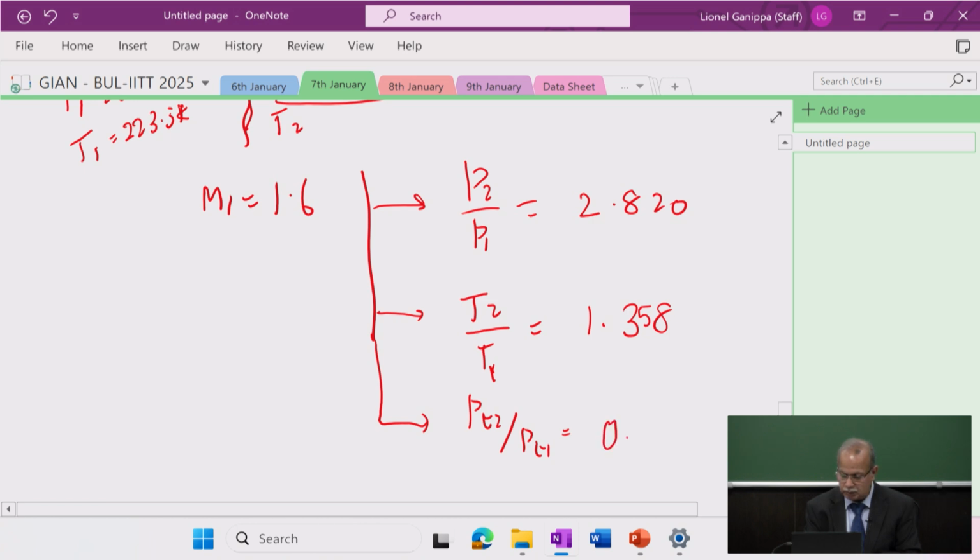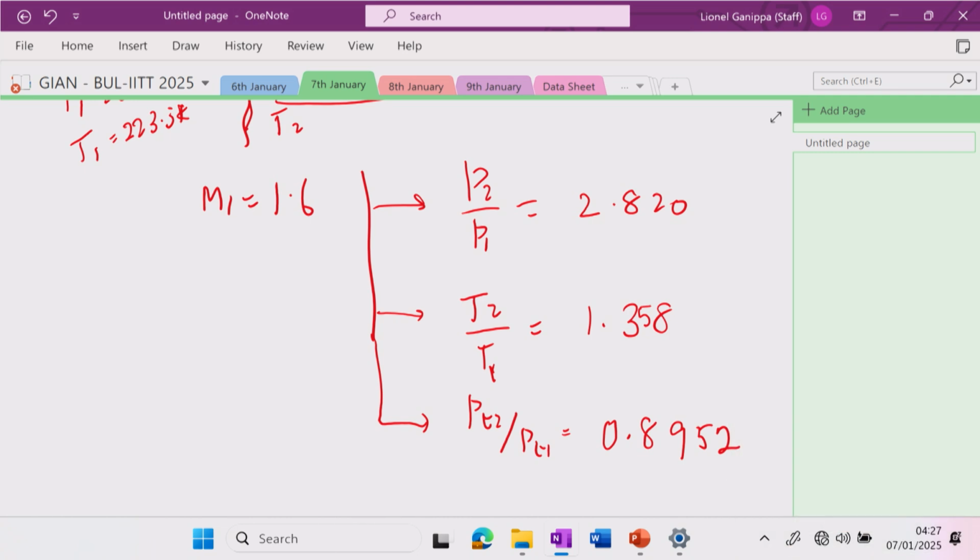PT2 by PT1 is 0.8952. Yeah. So look at the number before and after to just check, because the printing is not very clear. It's copies after copies made and so on.